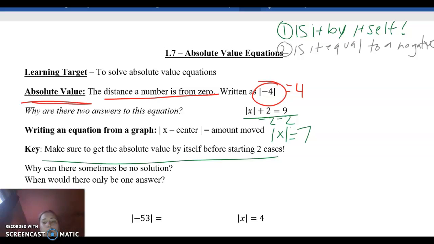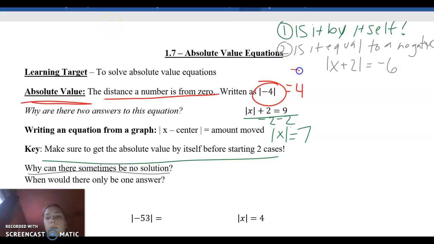So when we look at that problem, if we have the absolute value of x plus 2 is equal to -6, it's equal to a negative, so we can automatically say no solution because you cannot be a negative distance from 0. So that's your answer right here. Why is there sometimes no solution? When there's a negative, you can't be a negative distance from 0. So no solution.